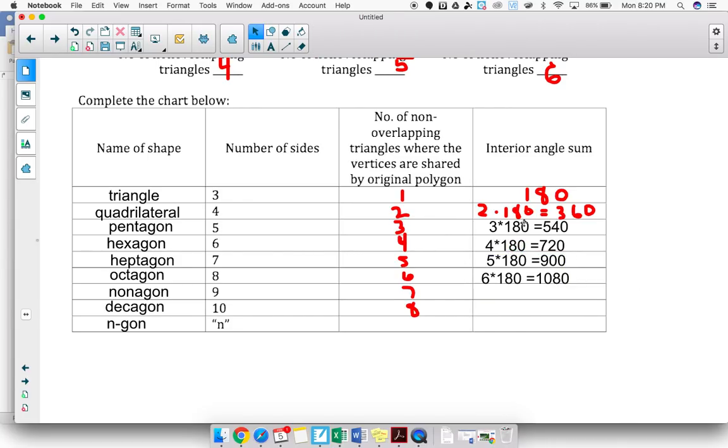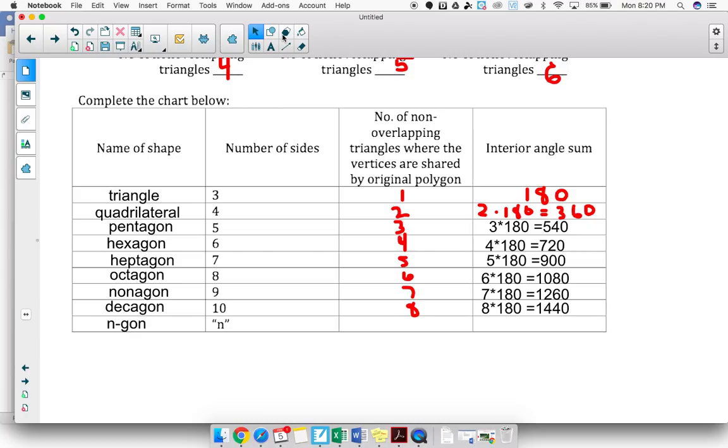You'll start to kind of notice, again, lots of patterns, both vertically and horizontally in the chart here. 7 of these would be 1260, doing my mental math. 8 of these would be 1440.